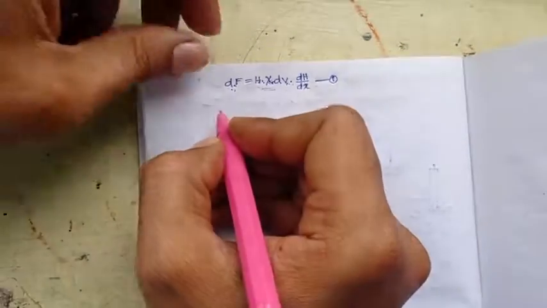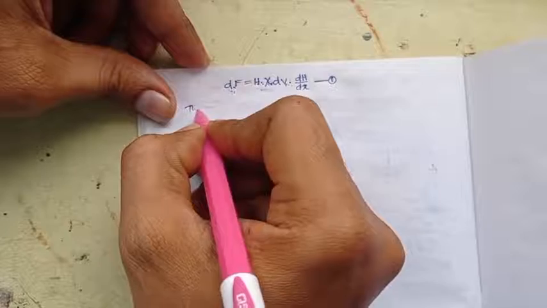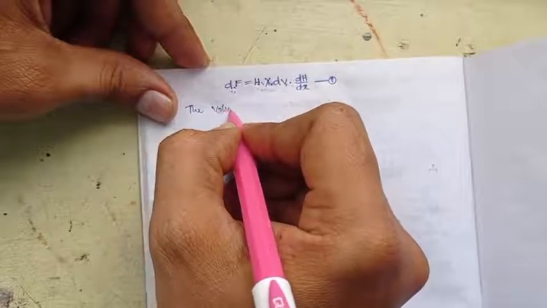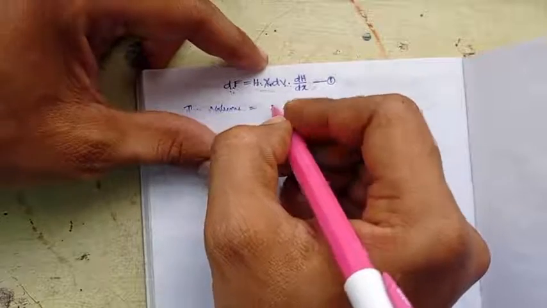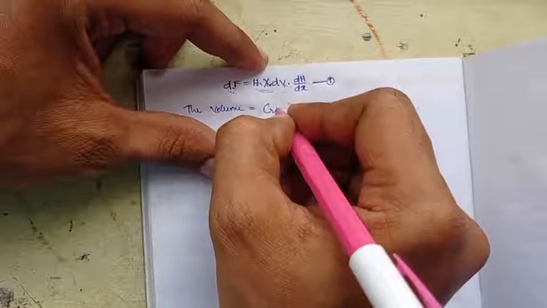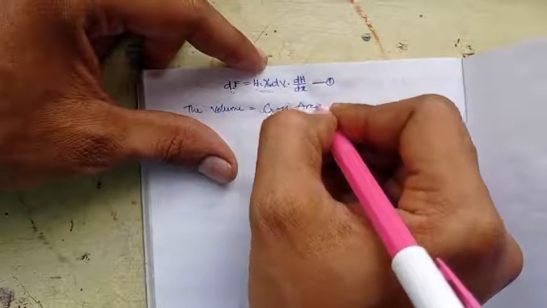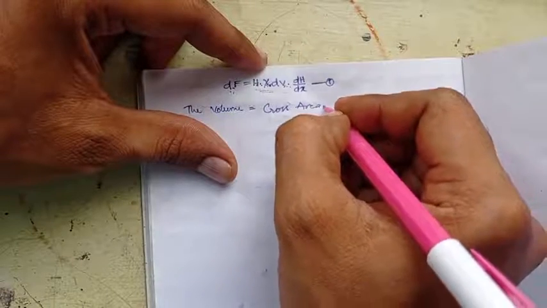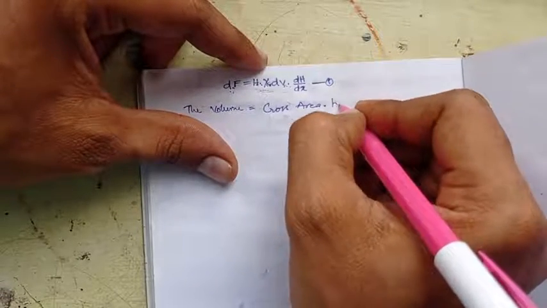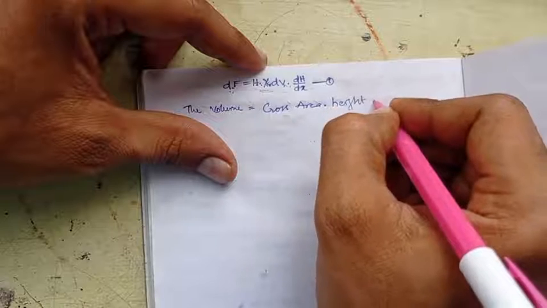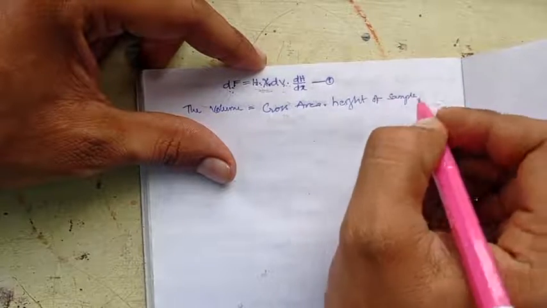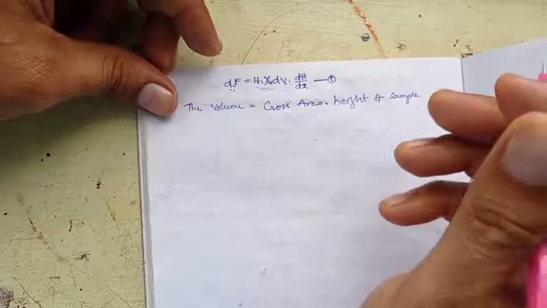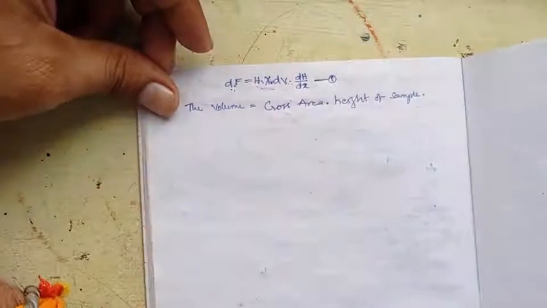Here we know that the volume of the sample can be written as the cross area multiplied by the height of the sample, right? Volume is a multiple product of area and height.